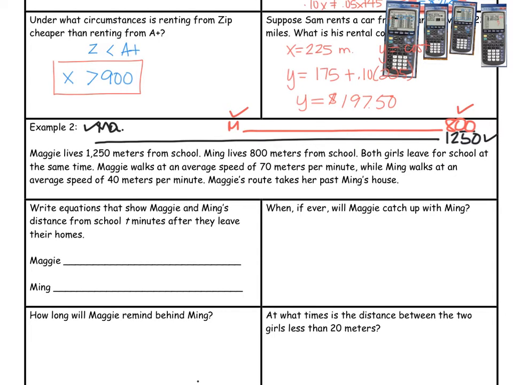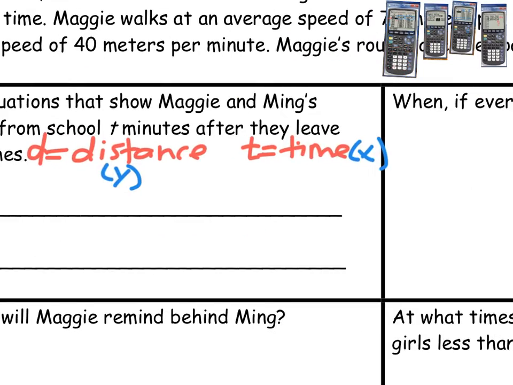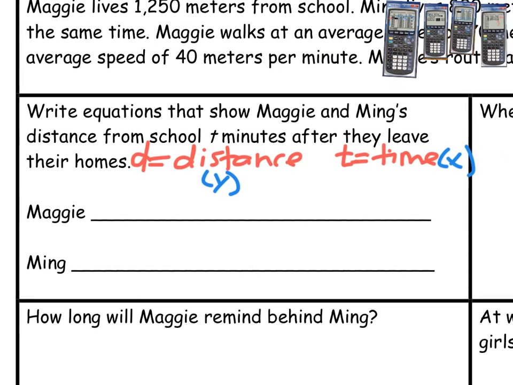We're going to let d equal distance and t equal time. And in terms of x and y, the distance is y and the time is x. So we're going to write an equation for both girls.